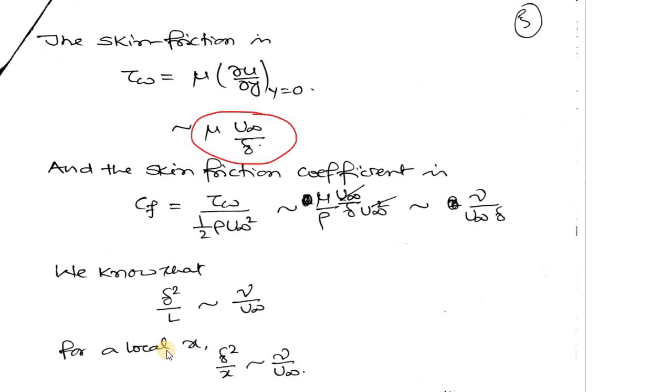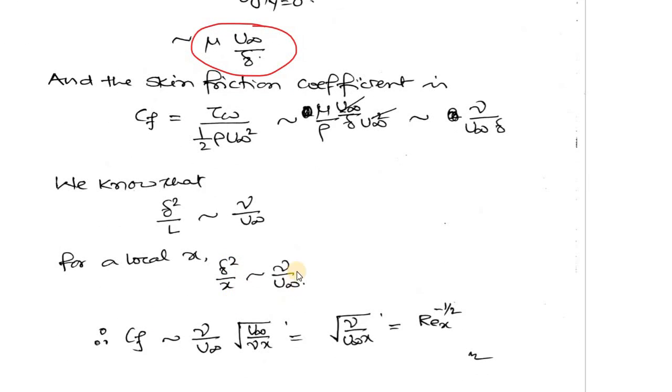For a local x, you can write delta square by x is of order of magnitude nu by u infinity, and therefore Cf is nu by u infinity times root of u infinity by nu x, equal to root of nu upon u infinity x, and this is equal to Rex to the power minus half. So you can see the coefficient of skin friction scales as Rex to the power minus half.